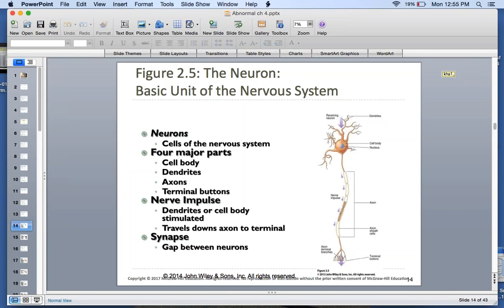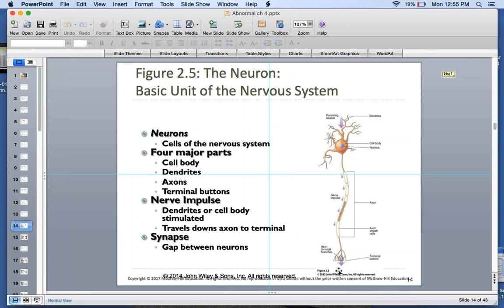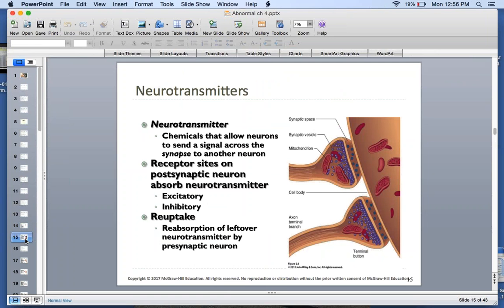The synapse, right there, is this gap between the terminal buttons and the next cell's dendrites. Here is a better picture of that. We have the synaptic space, we have the synaptic vesicles, we have this axon, some people call it a terminal branch, and then we have our terminal buttons.